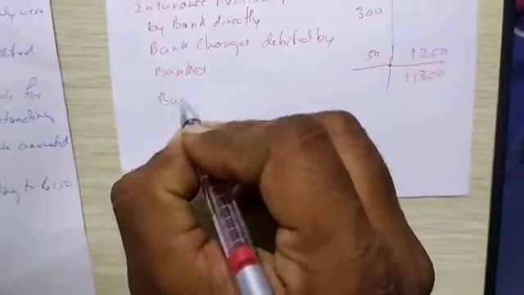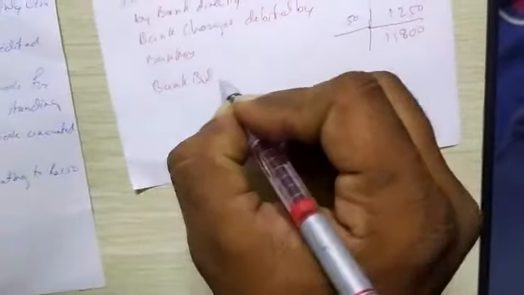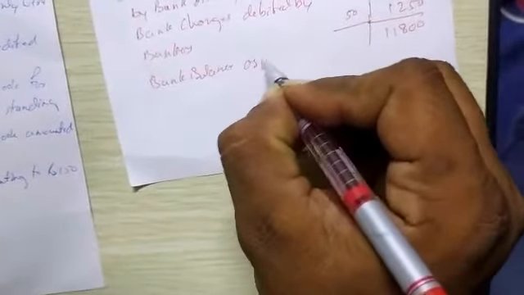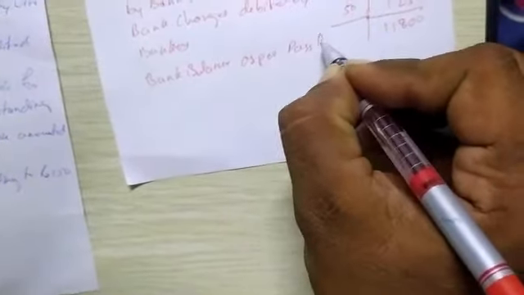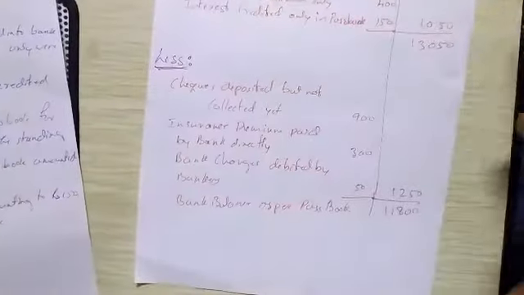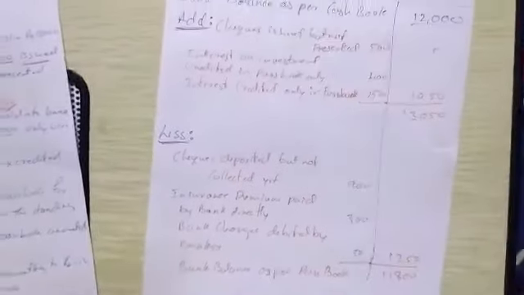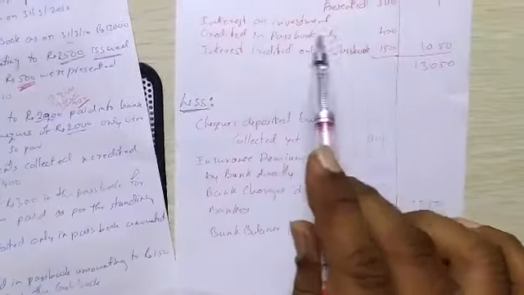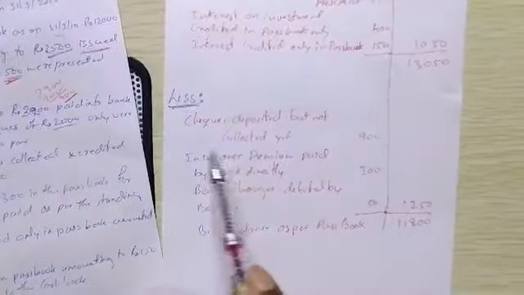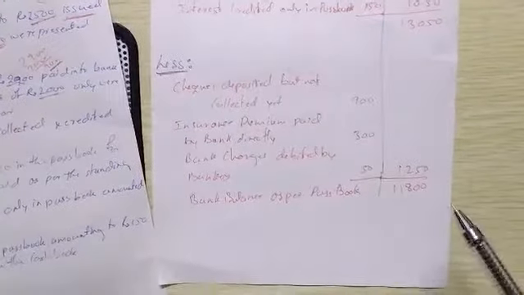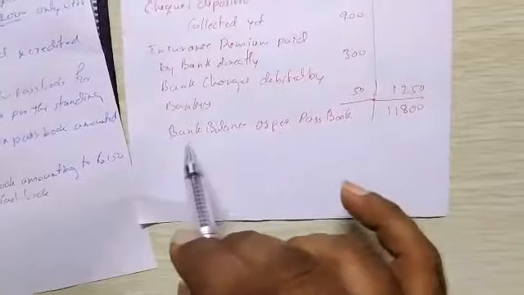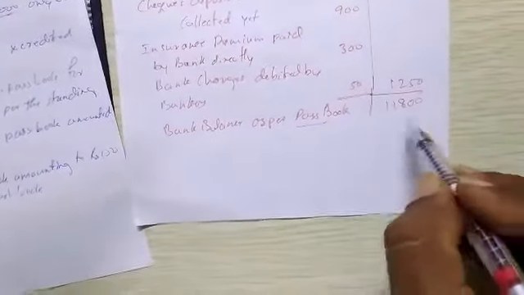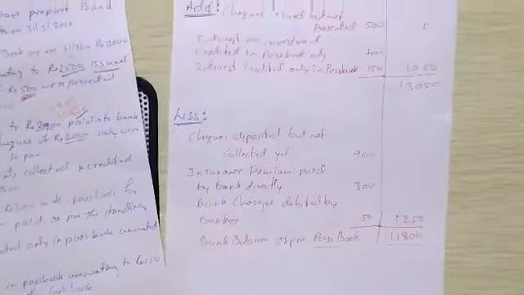So mention here, bank balance as per passbook. Okay. So here the cash book balance was given in the problem, and various transactions which affect both the cash book and the passbook, and we have made the changes here. We have added 3 items to our cash book balance and deducted 3 items from our cash book balance, and finally we got the bank balance as per passbook amounting to rupees 11,800.